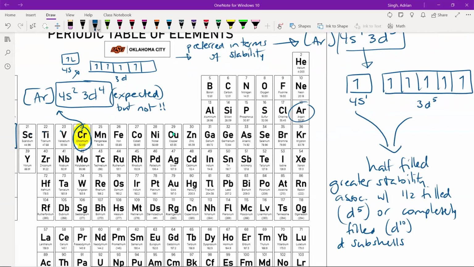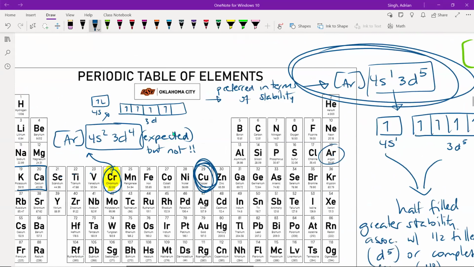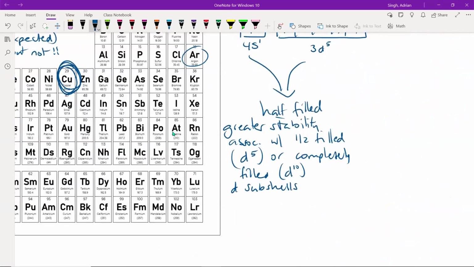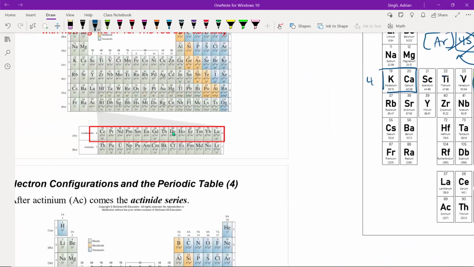And we're going to see something similar in the case of copper as well, and you can look at that on your own. But for the chromium case, this is the reason why it's actually argon 4s1 3d5 and not 4s2 3d4. And it all comes down again to stability. That's the driving force, the underlying theme through a lot of these chemical principles, properties, trends, etc.